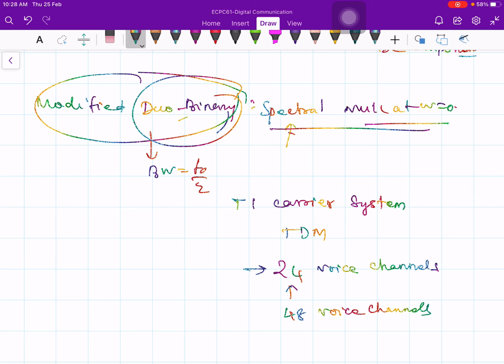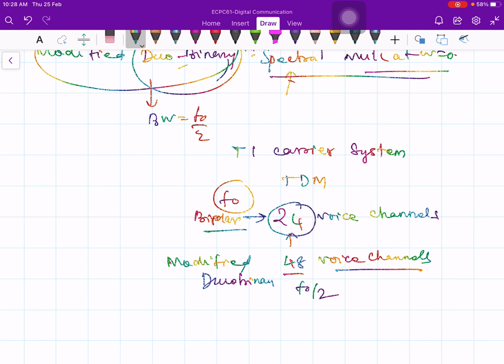If you use bipolar, you can transmit only 24 voice channels, but if you use modified duobinary, then you can use 48 voice channels, right? Because bipolar needs a bandwidth of f0, and this needs f0 by 2.